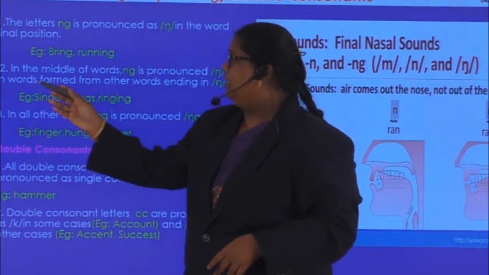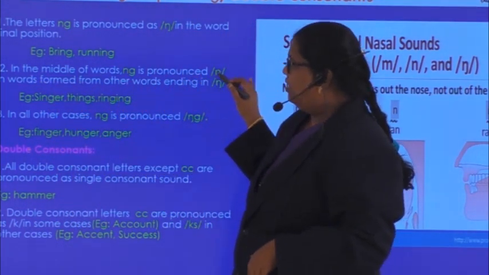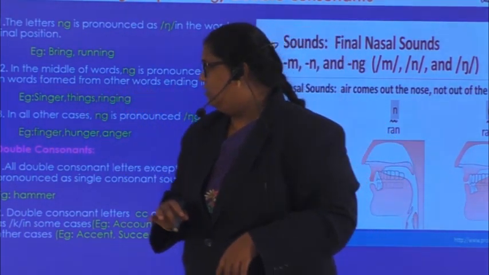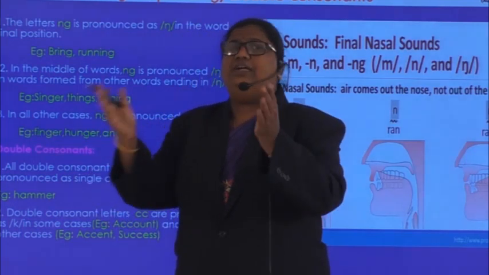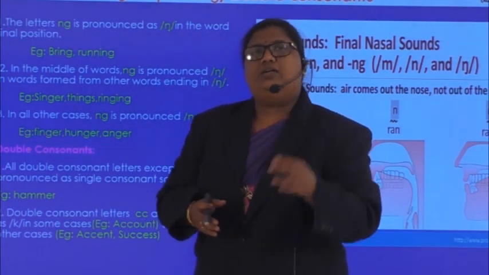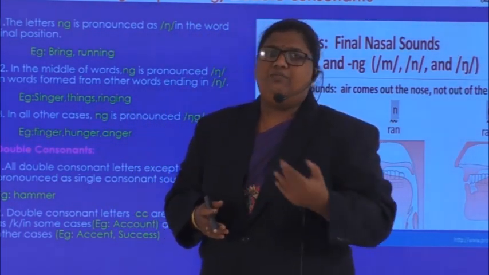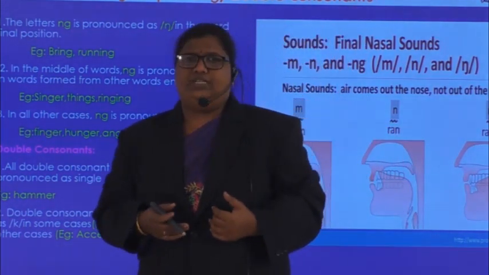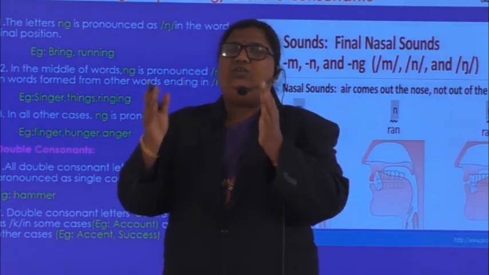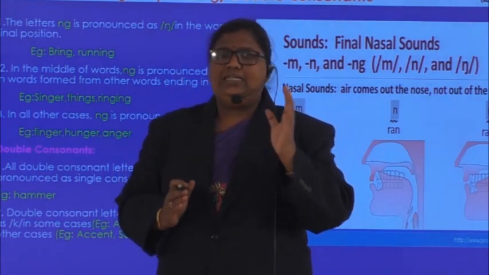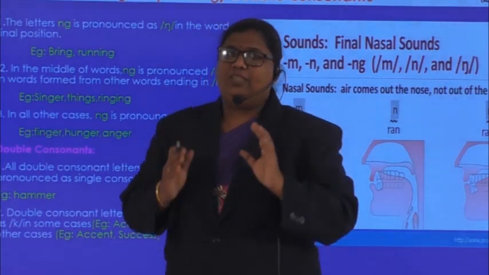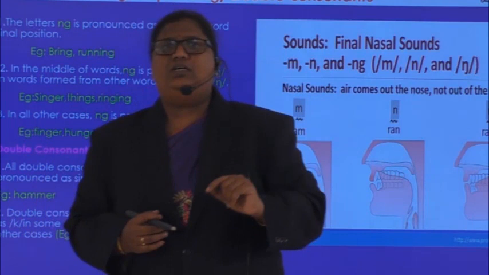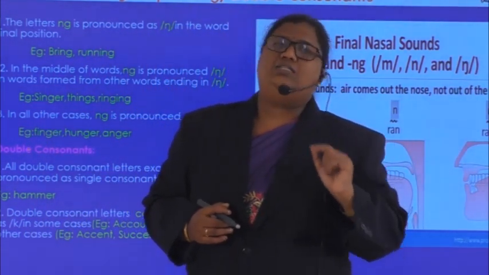The second rule is in the middle of words, ng is pronounced ng in words formed from other words ending in ng. For example, if the word is formed from another word, maybe some suffix like er is added. In such cases, where you have a root word and er is added as a suffix, you should not pronounce a g sound, you only keep the ng sound.